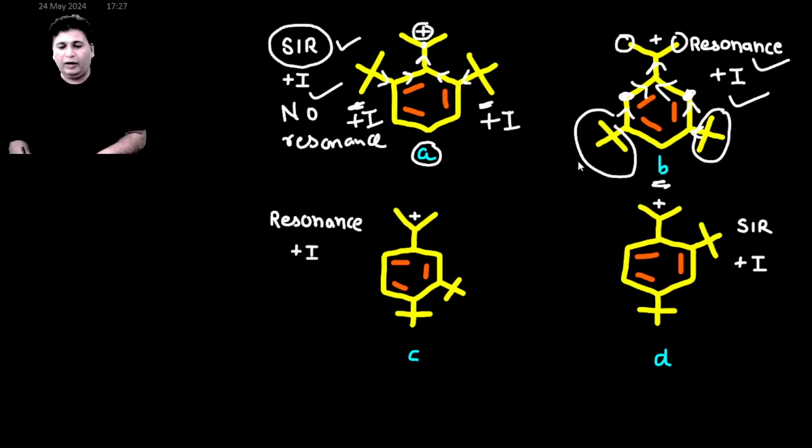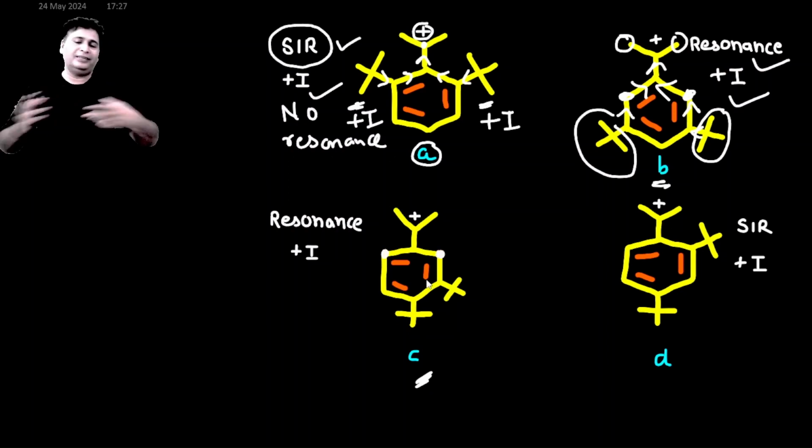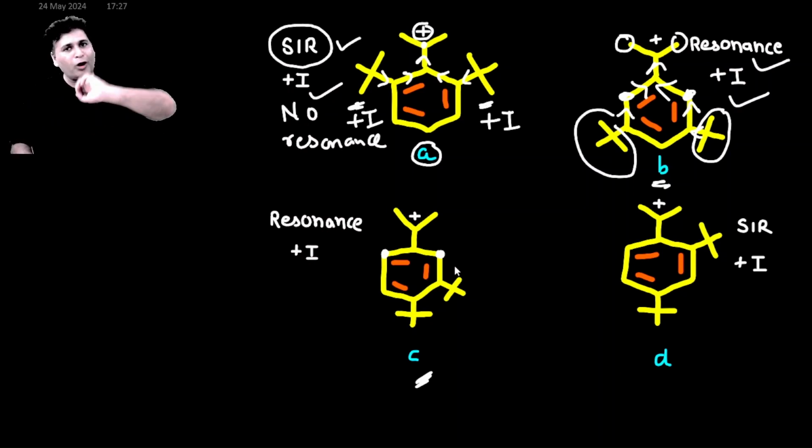Now coming on to case C. Again you find that the two ortho positions are devoid of any bulky groups. So there is no problem of SIR, steric inhibition of resonance.